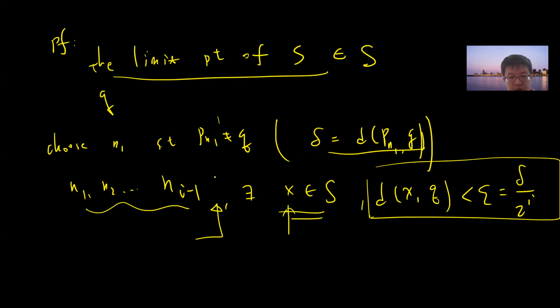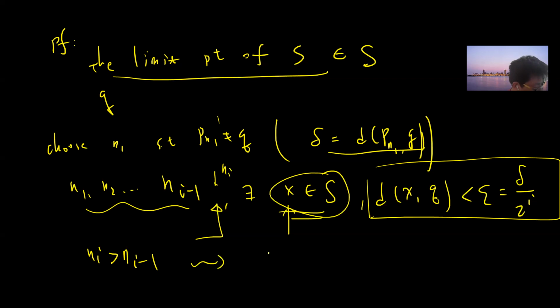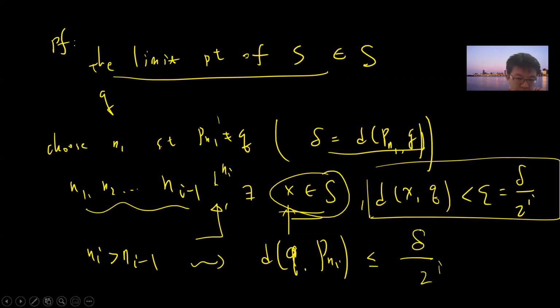So you can find another one, called Ni, larger than N_{i-1}, because x belongs to the set of limits of convergent subsequences. You can take that subsequence and pick out Ni larger than N_{i-1} such that d(x, P_Ni) is less than, let's say, delta divided by 2 to the i. So now it is arbitrarily small.